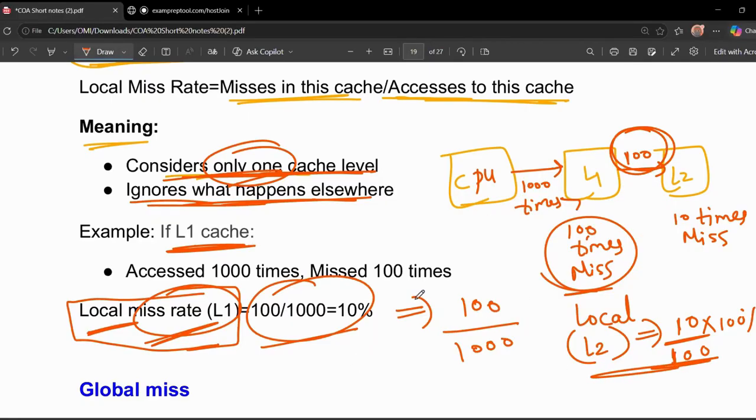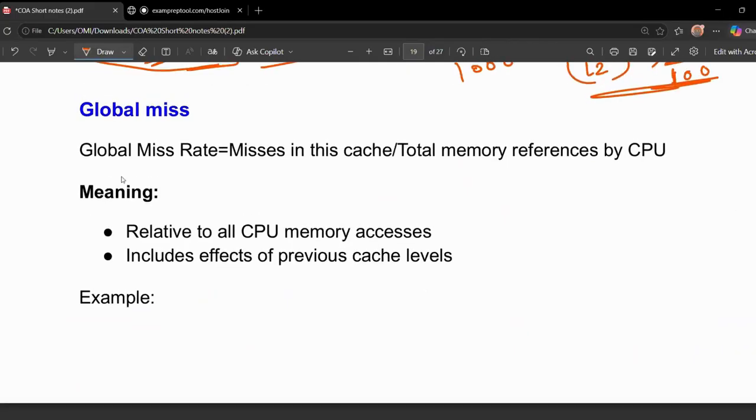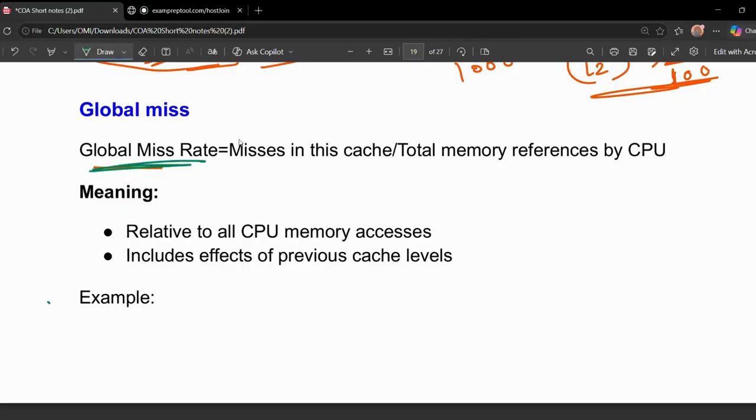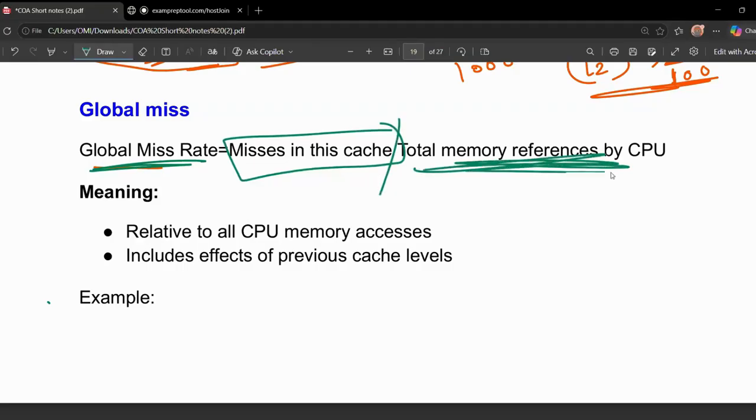Now I will explain what the global miss rate is. Global miss rate means misses divided by the total memory accesses by the CPU, that is, relative to all CPU accesses.